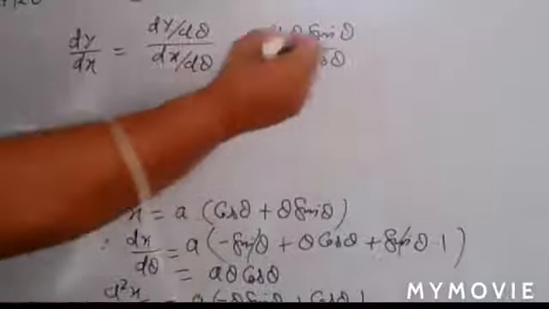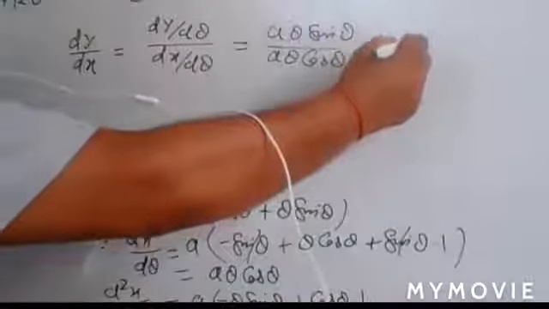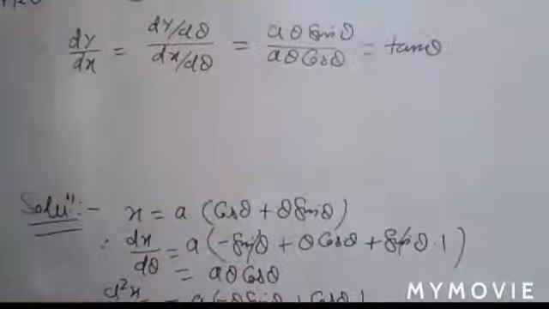If you simplify, you get tan theta. That gives the value of the first derivative dy by dx.